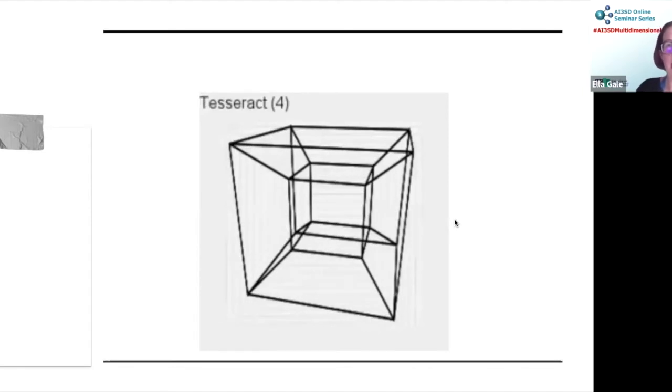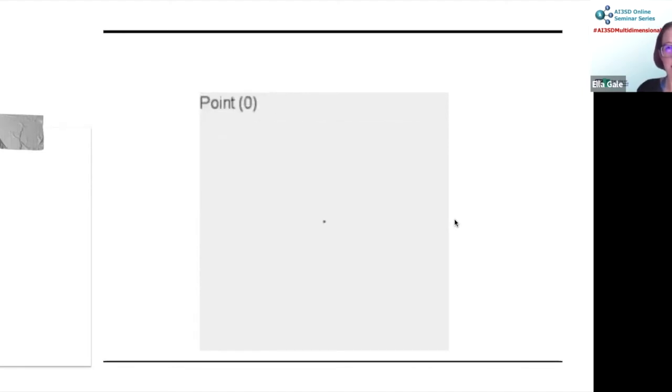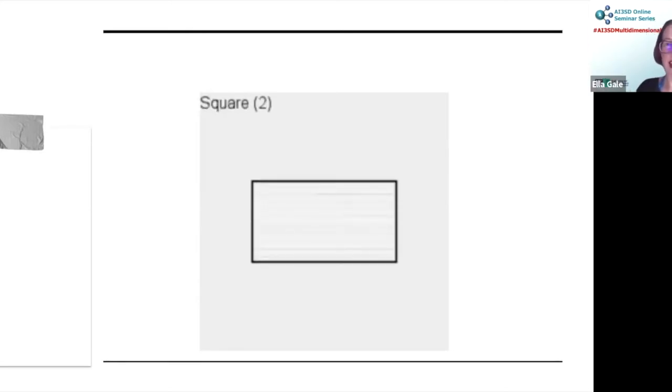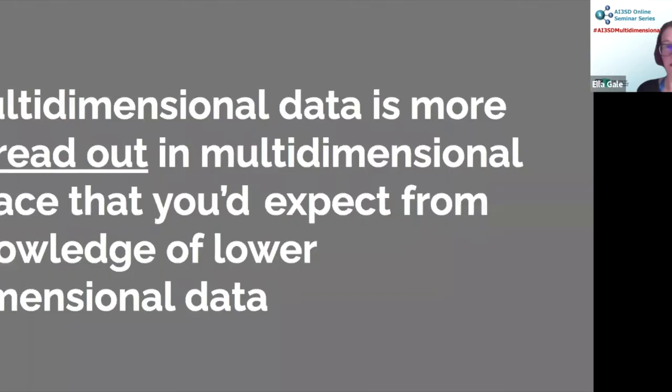So as the dimensions expand, there is more space, more regions of that space for your data to get in, which means your data gets spread out. That's the main insight from all of this: multidimensional data is more spread out in multidimensional space than you would expect from your understanding of lower dimensional data. And that's why it's weird.